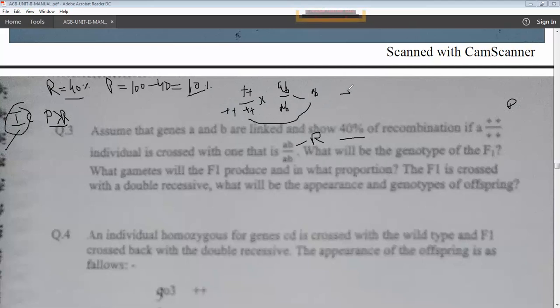So the F1 will be like plus plus ab. This is the kind of F1 we will have. And we know that the recombination is 40% and parental is 60%. So if we are checking the combinations, the combinations are like this.